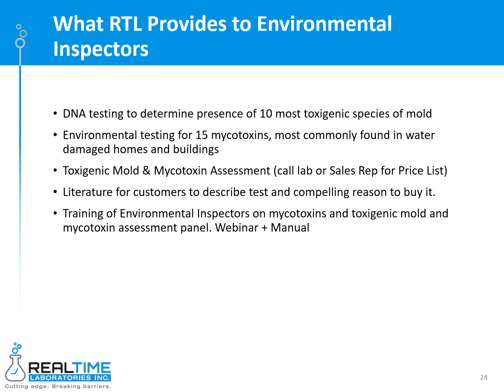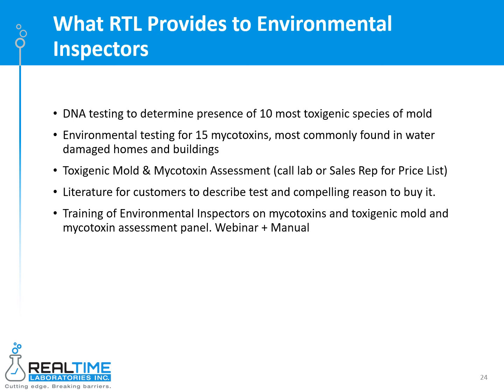So what RealTime Lab provides to environmental inspectors are the following: DNA testing to determine presence of 10 most toxigenic species of mold, and these are the pathogenic molds as well. It offers environmental testing for 15 mycotoxins, most commonly found in water-damaged homes.